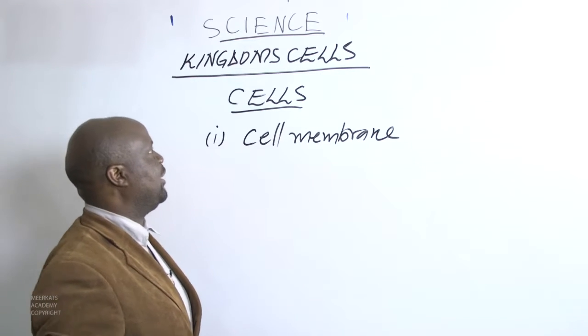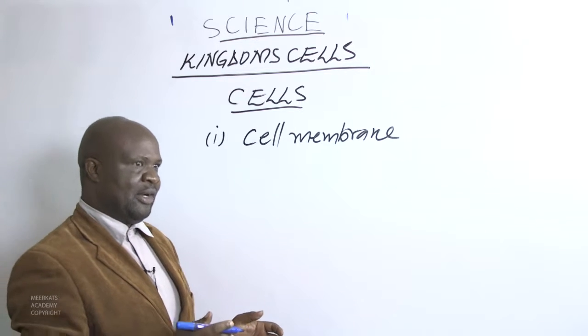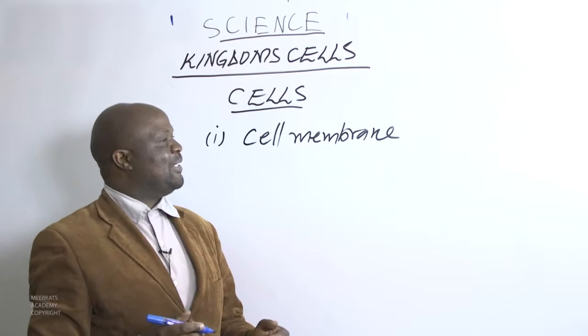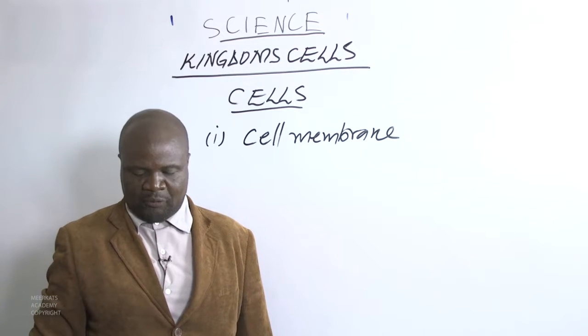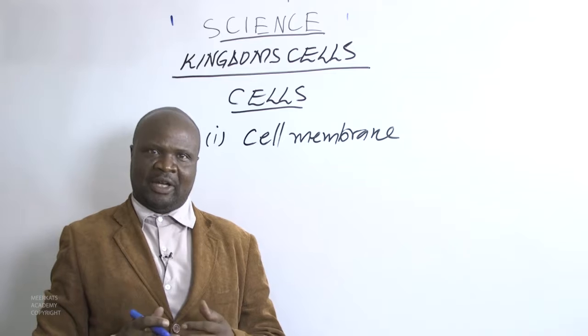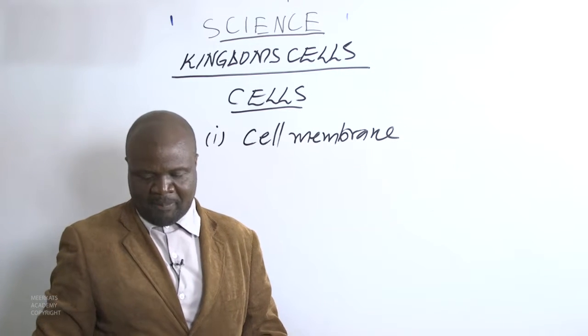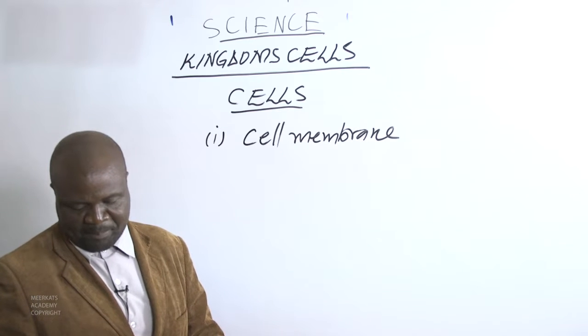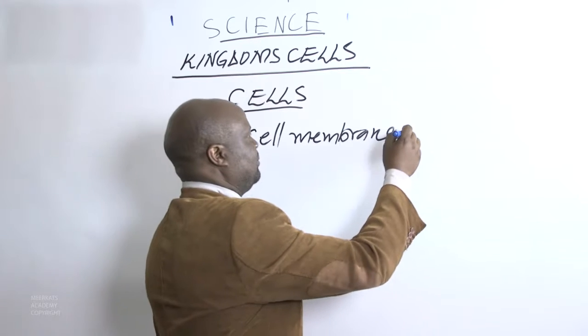A cell contains a cell membrane, whether that cell is from the plant kingdom or the animal kingdom and so forth. When you observe it through a microscope, you will discover that it has a cell membrane. What is the cell membrane? It is a kind of skin that holds the cell together.